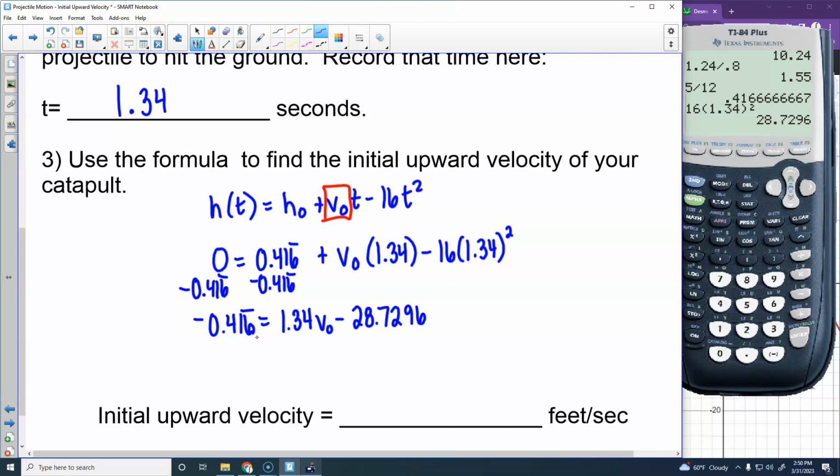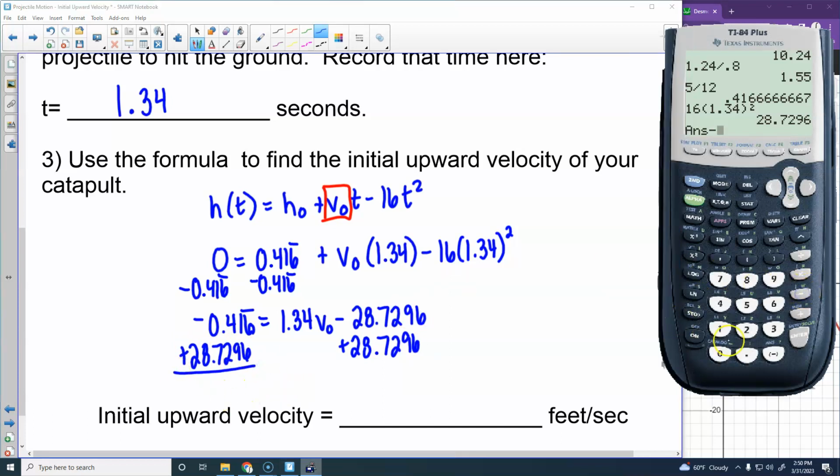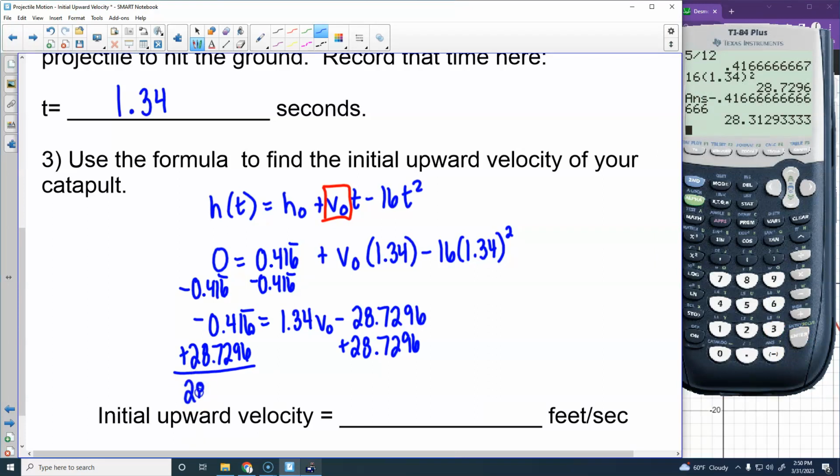All right. Then from there, Haley, what do I need to do? When you do this, to type in that 0.416 repeating, just put a bunch of sixes there. It'll be close enough. 28.31293 repeating equals 1.34 v sub 0, and then we'll have to divide by that 1.34.